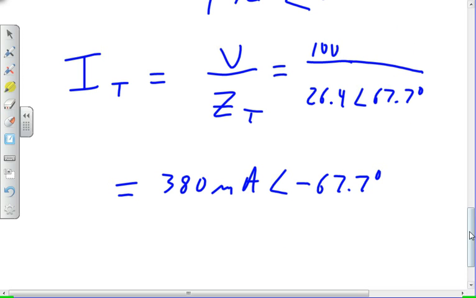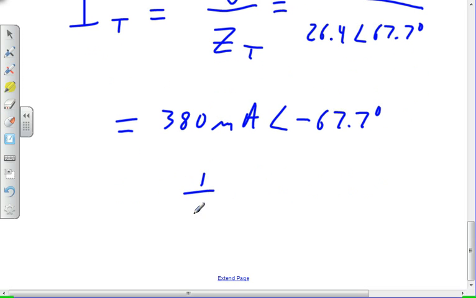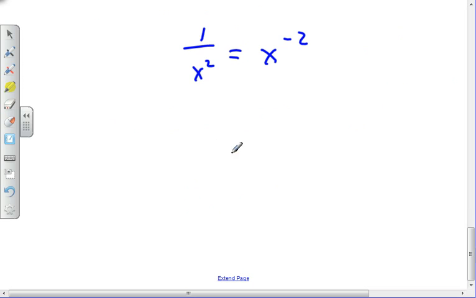So if I had 1 over x squared, I could write that as x to the minus 2. That would be the same type of thing, because the polar representation of a vector, magnitude angle, is the same as e to the j theta, and that makes it an exponent. So I'm using it as an exponent when I have it underneath.